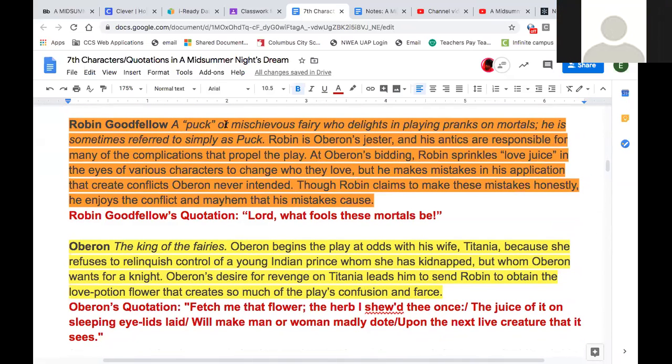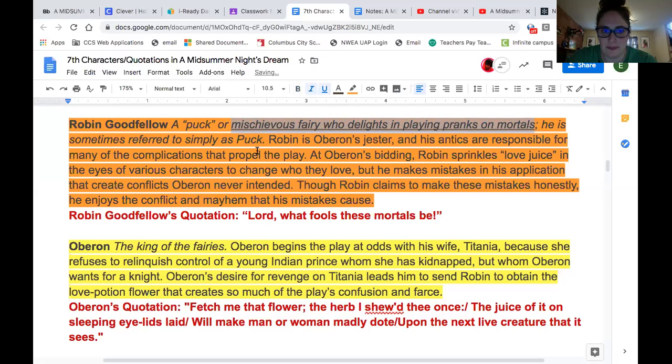Okay. So Robin Goodfellow is a puck. He's a mischievous fairy who delights in playing pranks on mortals, sometimes referred to simply as Puck. The key for Puck is he likes to play games. Robin is Oberon's jester. Oberon is the king of the fairies, so he's like his class clown, basically.